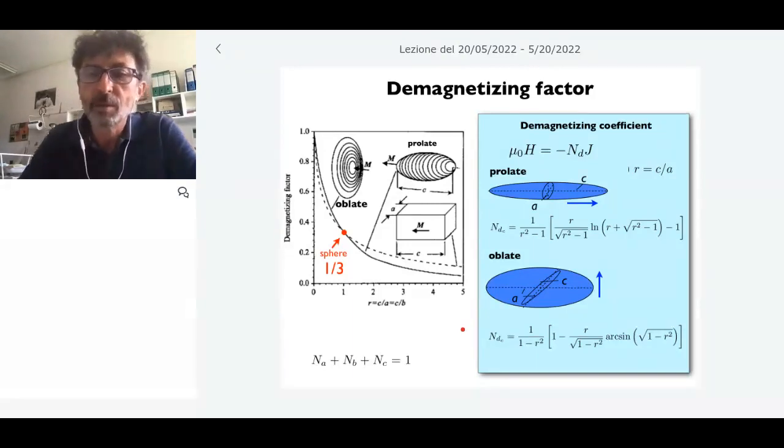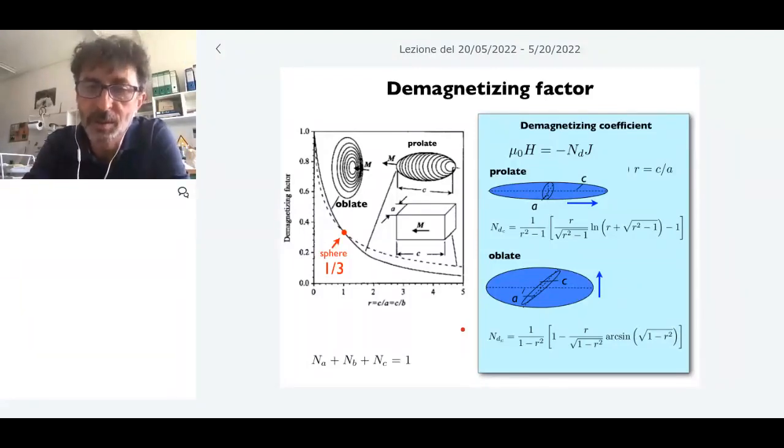So, how to start from here? Let's say that these demagnetizing coefficients have the following properties. If I take three directions, the three main axes, the sum of the three main demagnetizing coefficients must be 1.